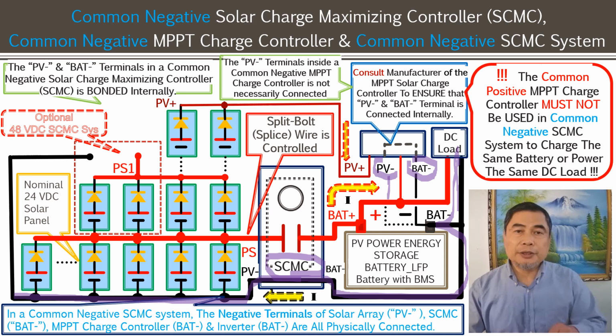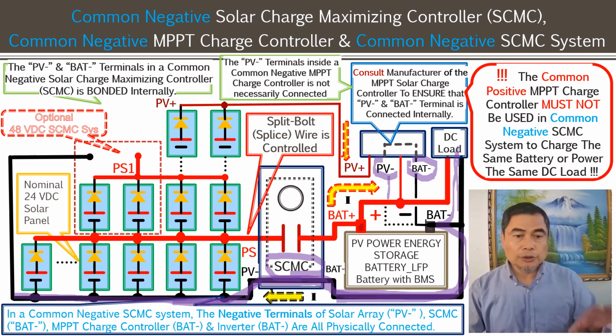In an MPPT solar charge controller application alone, that has to be connected, because the solar array will not form a circuit to charge the battery, for the current to go through the MPPT solar charge controller, because they don't have the negative terminals commonly connected and bonded.